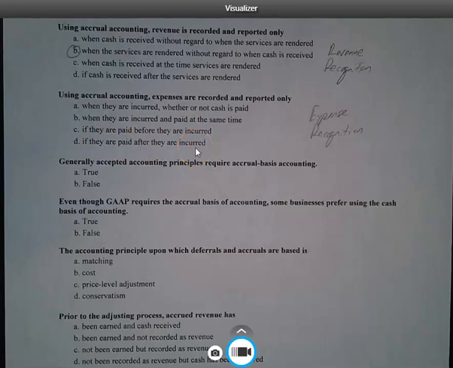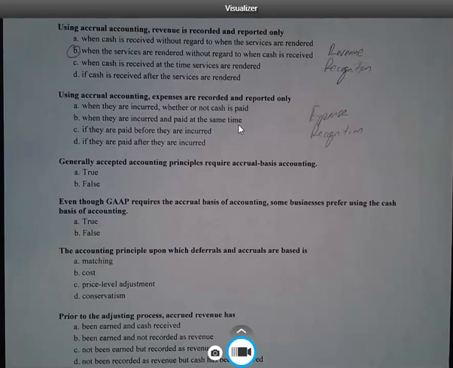Okay. So let's think about this. Choice D is kind of a nonsense answer, but I do want to look at choice C. If we're paying an expense before they are incurred, that's a prepaid expense, which is an asset. So D and C are both wrong. B, when they are incurred and paid at the same time. Well, if this was the case, then we would be missing a lot of our expenses, because we would only record the expenses that we pay for at the time they're incurred.